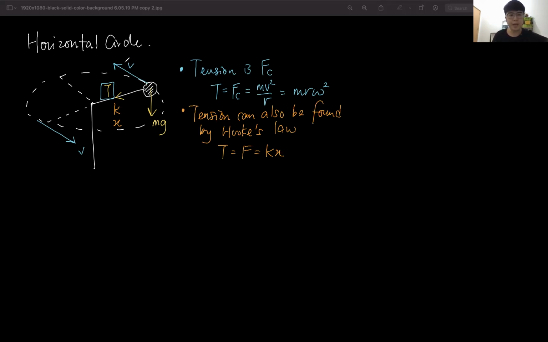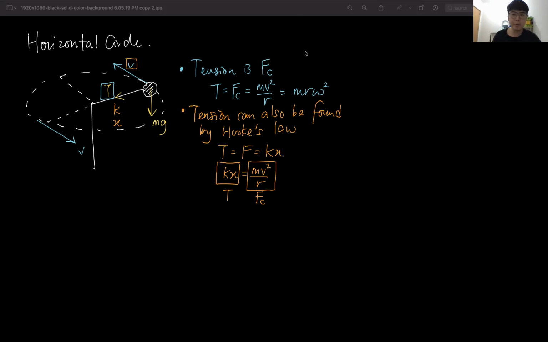For example, they ask you to calculate the linear velocity given the spring constant and the extension of the spring. When you swing it, you can get kx equals mv squared over r. This is my centripetal, and this is my tension. Then you can find the velocity.